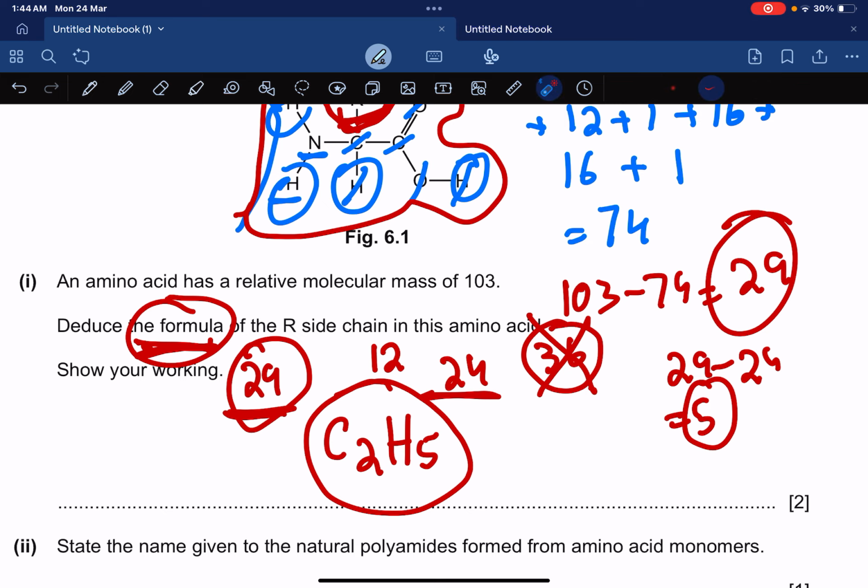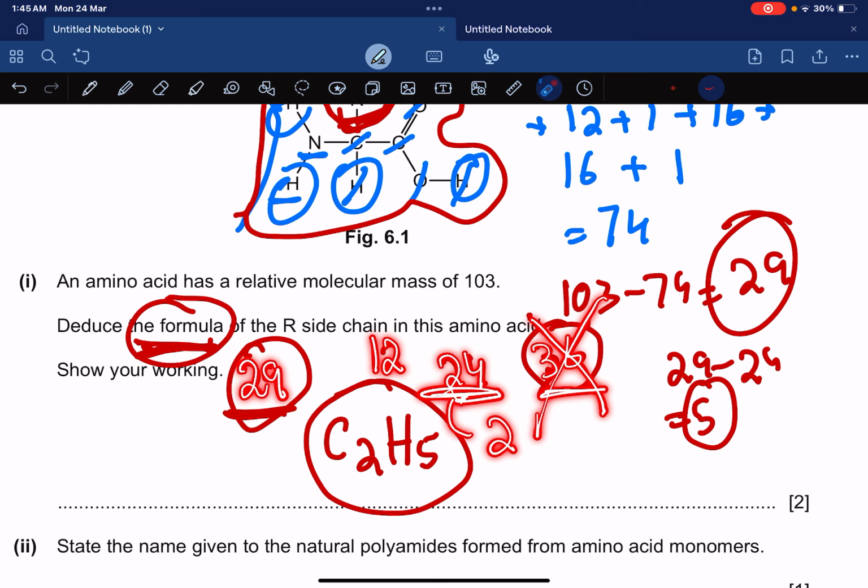ठीक है. Let me repeat what I just said. What you do is you saw that एक कार्बन होगा तो 12 होंगे, 2 कार्बन होगा तो 24 होंगे, and if you're going to take 3 carbons it's going to be 36. Obviously you've got to have a mass of 29, so it cannot be 3 carbons. So the highest number of carbons possible is 2, with a mass of 24. So now out of 29, 24 is the mass of your carbons.